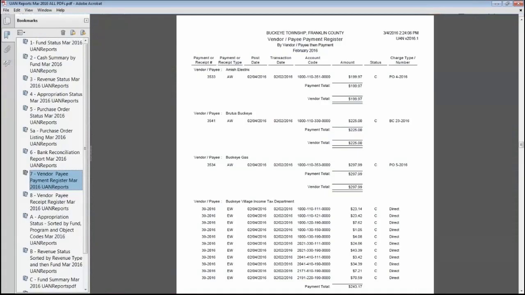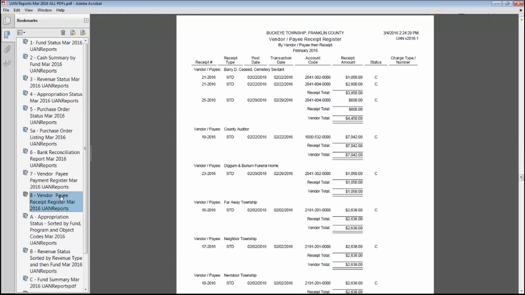And when I look at the report, the very first one I see, because I ran this report according to the same period in which I ran the reconciliation for February, I had a check which cleared against the bank reconciliation for February to Amish Electric that shows the transaction date, the purchase order used, the payment or receipt number, in this case the check number, as well as the account code hit. So I have an immediate tying entry to the entries that correspond to the bank reconciliation.